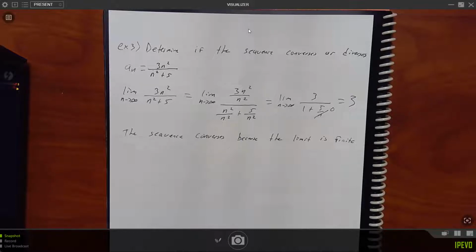I think if it's infinite, then it diverges. I don't think you're going to see anything that doesn't have a limit. Trying to think of an example. Yeah, actually, there is one. I'll show you in a little bit.